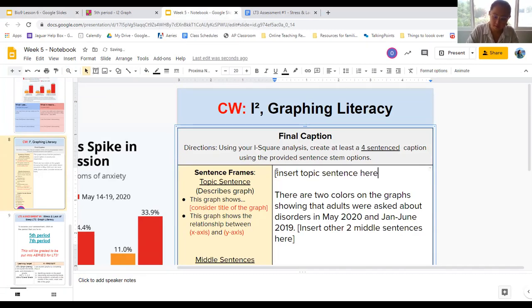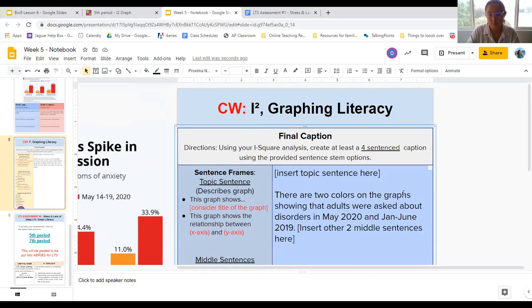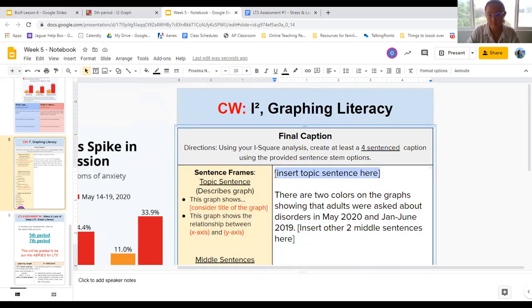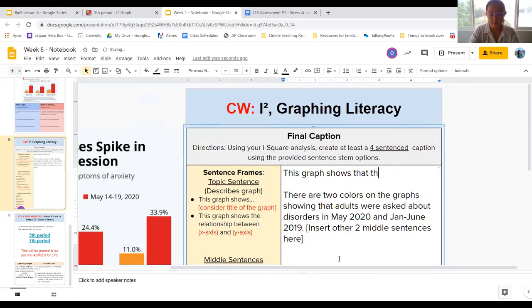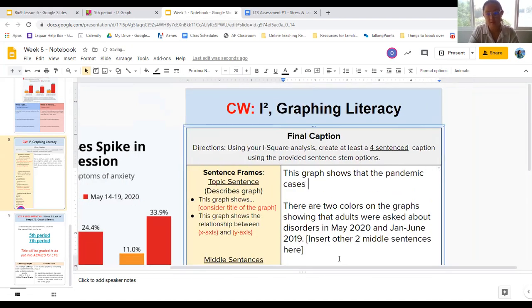So your topic sentence, remember these sentence starters. I think I want to use this first one. So I want to write, this graph shows that the pandemic causes a spike in anxiety and depression.